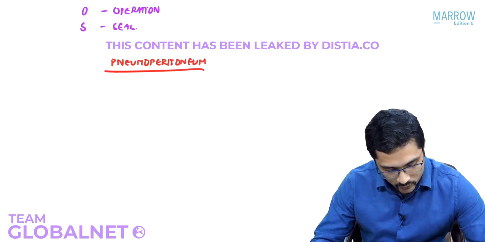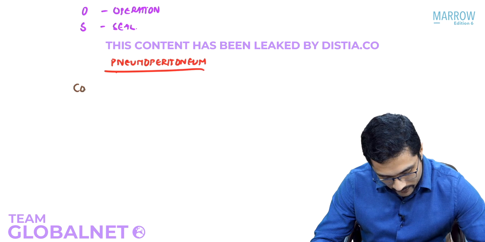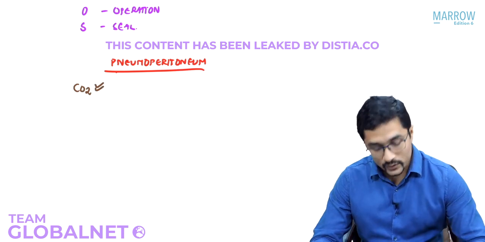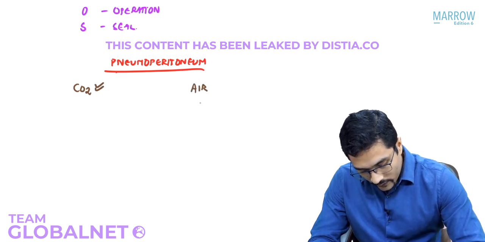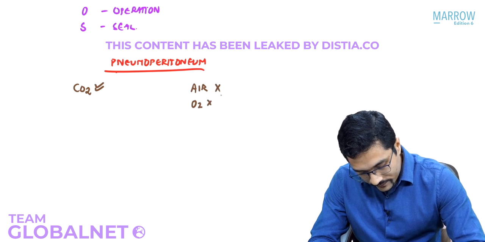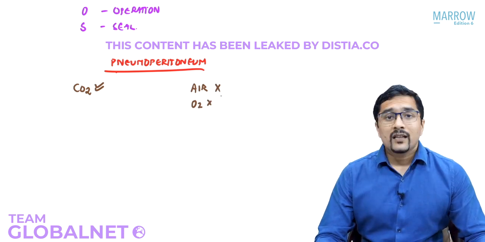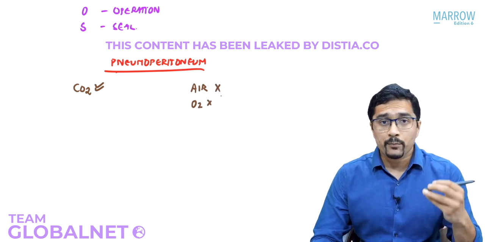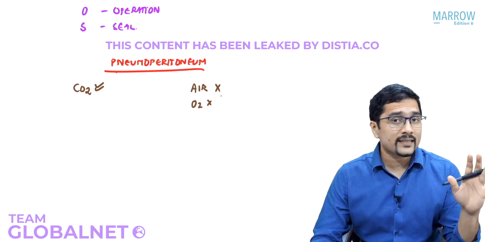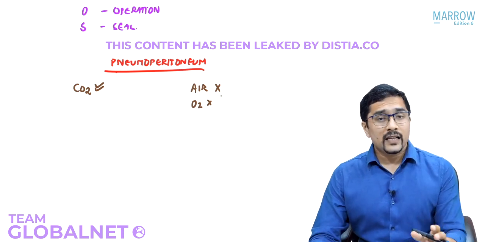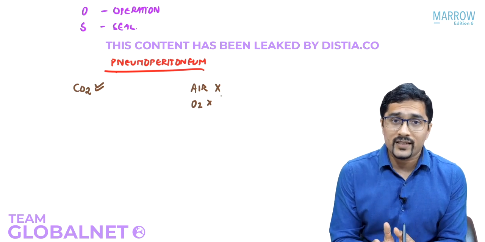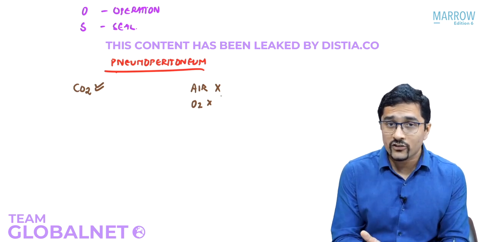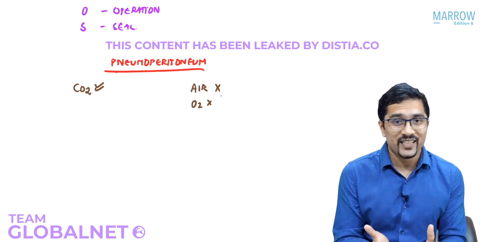So for pneumoperitoneum, the gas which is used is carbon dioxide. That is the gas used. We don't use air. We don't use oxygen. Why is that? Because air and oxygen support combustion, whereas carbon dioxide does not. And if you're using a combustible gas inside the abdomen and you're using the cautery, there can be a blast inside the abdomen.